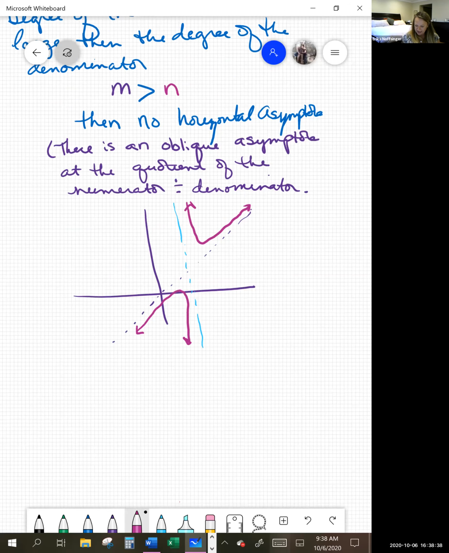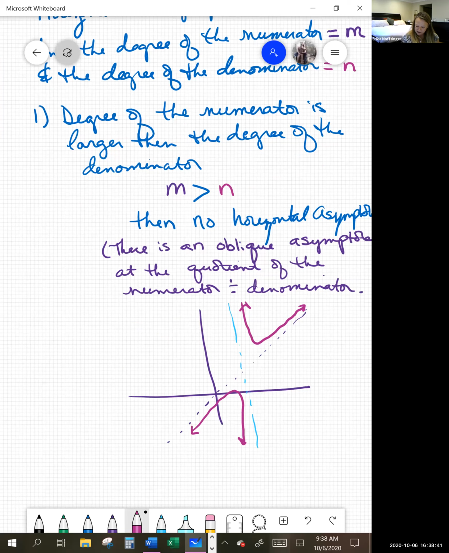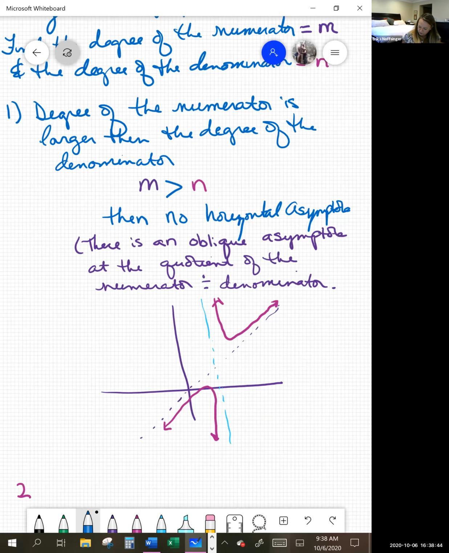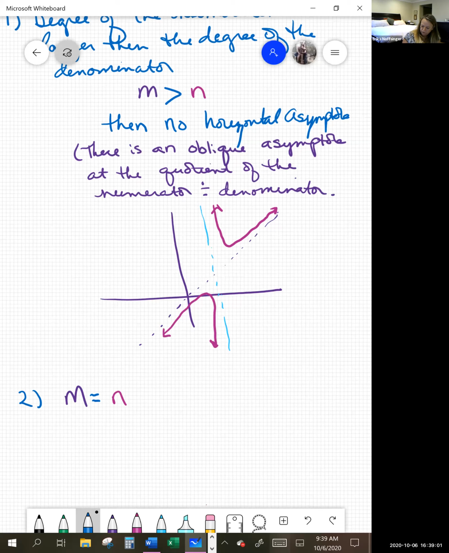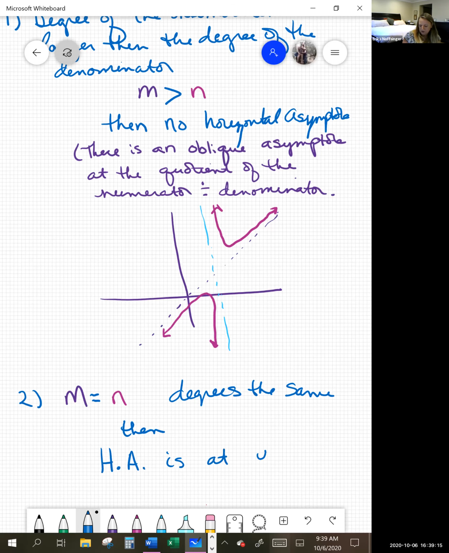So that was case 1, the degree of the numerator is larger. 2, the degrees are the same. If m is equal to n, then you have a horizontal asymptote at y equals a divided by b.